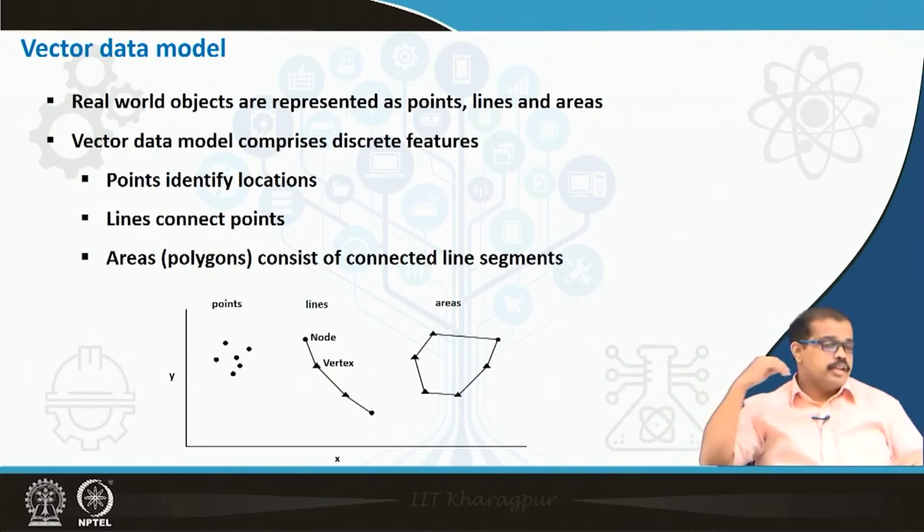To represent this real-world phenomenon in your database, first you capture the edges of the building. That becomes a polygon because it is a closed loop of connecting line segments.